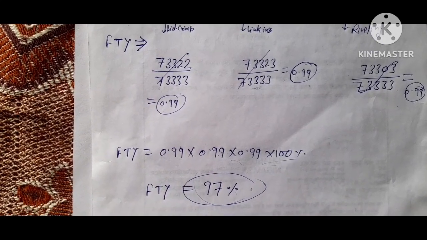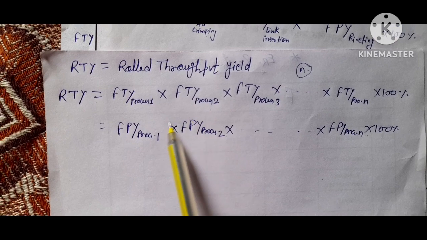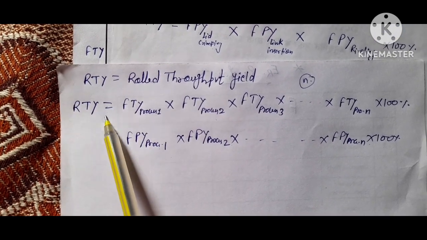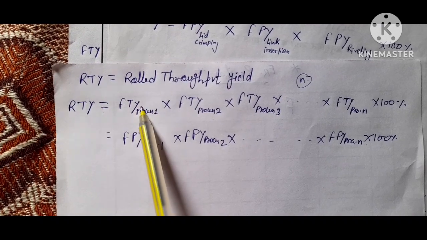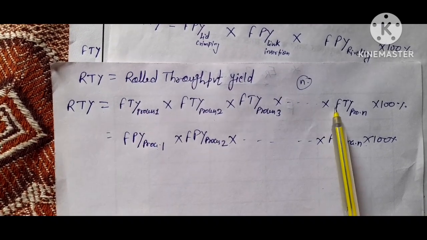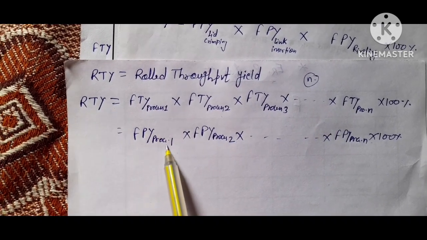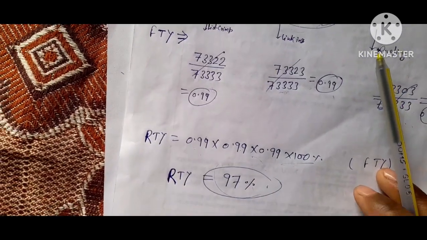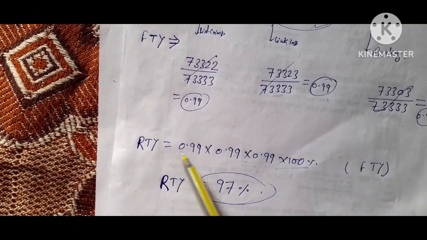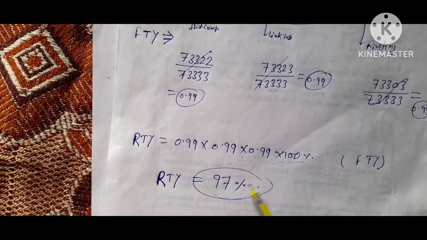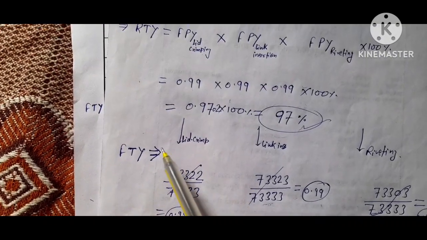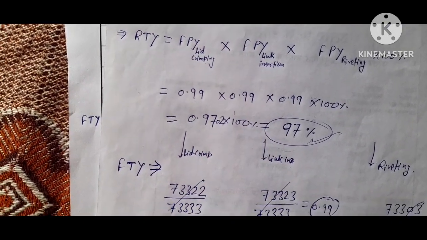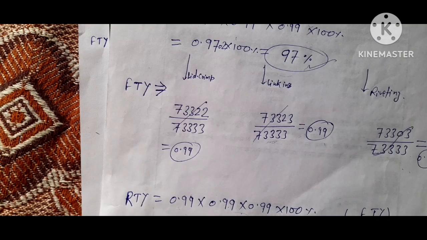Friends, keep this formula in mind. If you are calculating FTY, then you put in this value, and if you are calculating FPY, then put in this value. This is the RTY with respect to FTY, okay, and here the RTY with respect to FPY. So 97% is the calculated value.